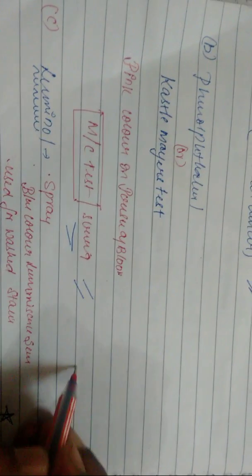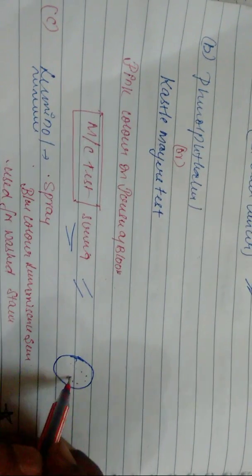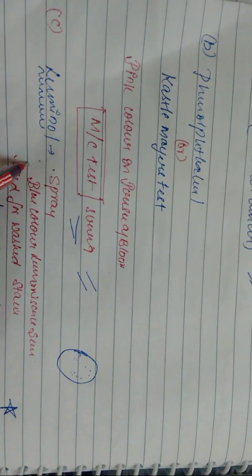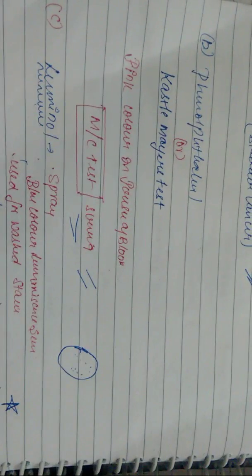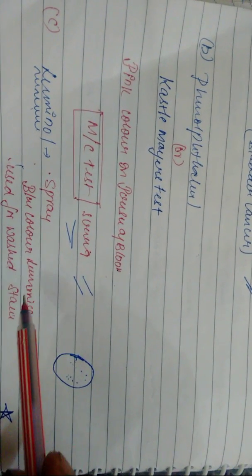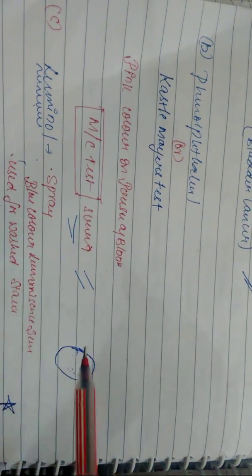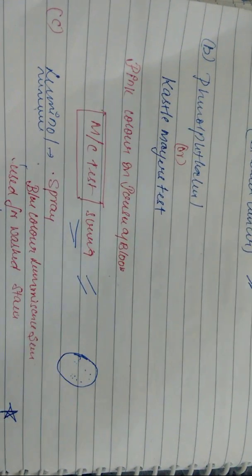Suppose this is a blood stain, for example on the wall. I spray luminol on the blood, then it gives a blue color, and this blue color shines, it brightens, it gives luminescence.